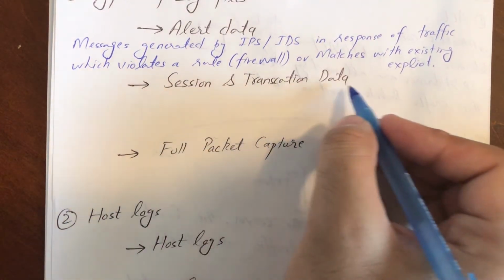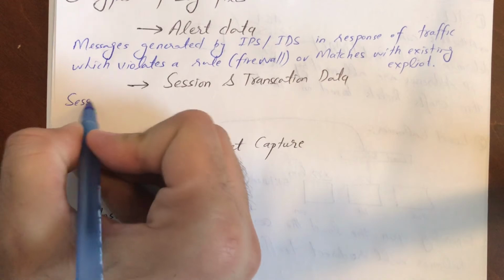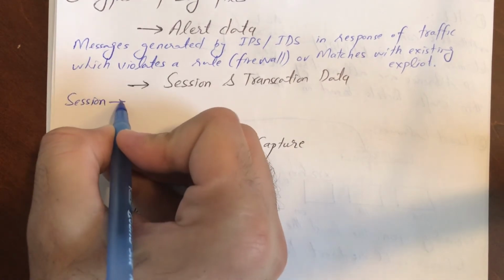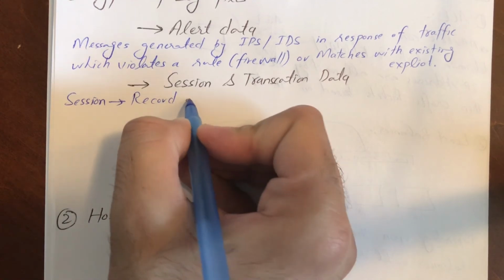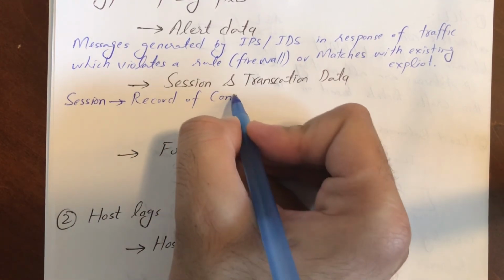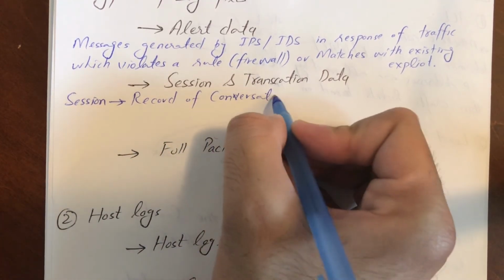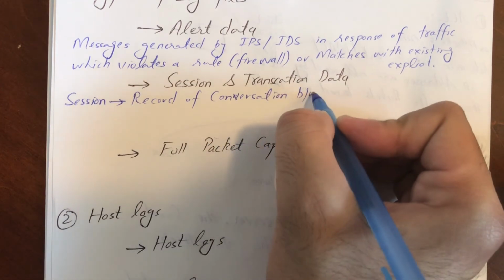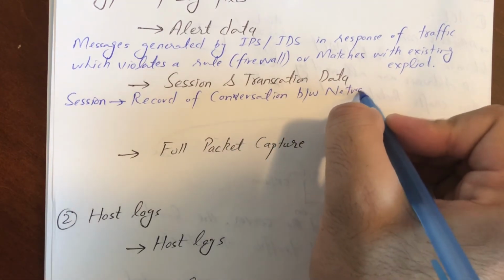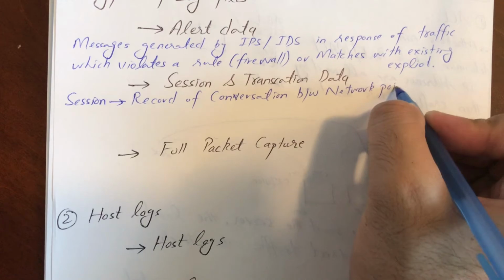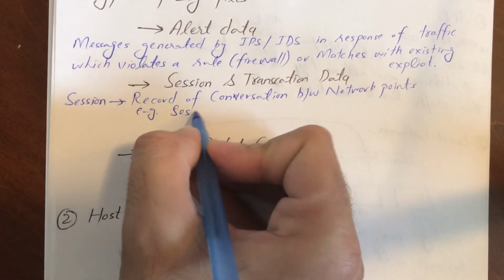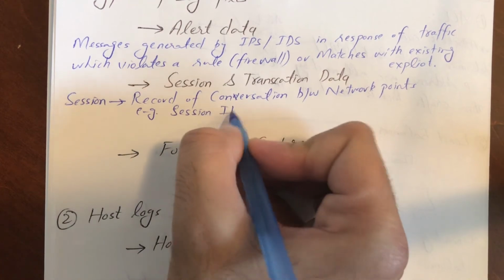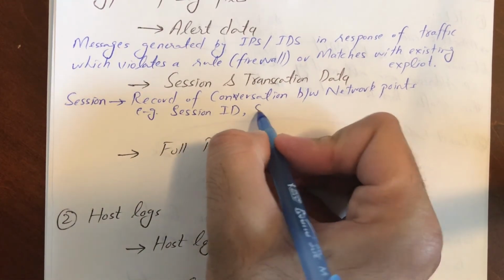Next is the session or transaction data. So session data is basically, first of all, let me define session data. Session data is basically a record of conversation between network points, like network devices. For example, it could be session ID, and session duration.